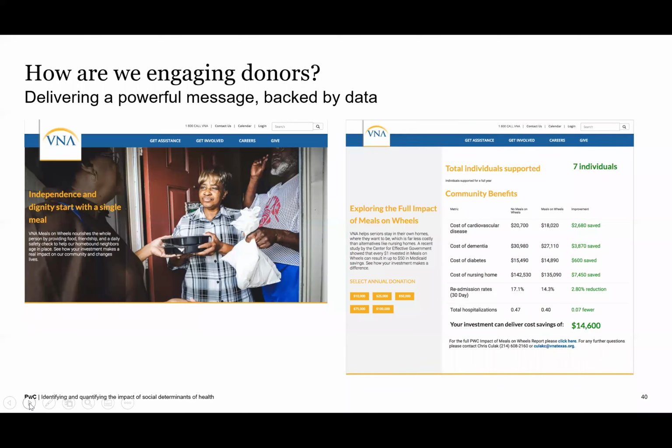A second piece was really being able to show the impact on the community as a whole. From a fundraising standpoint, and certainly as a nonprofit, we raise dollars to help pay for these meals.